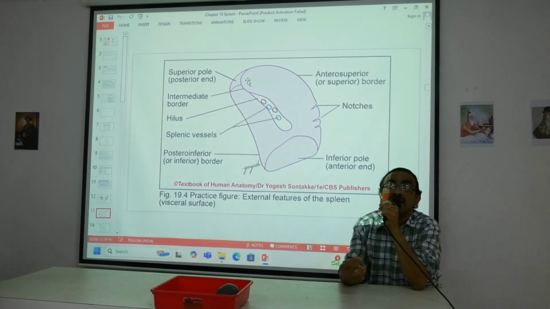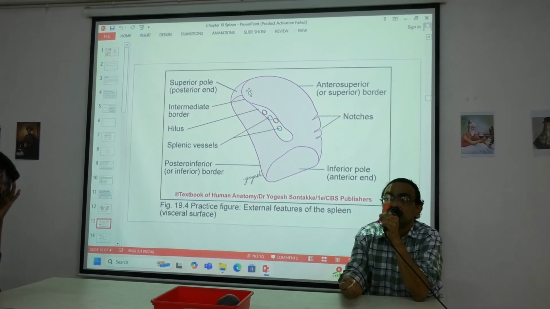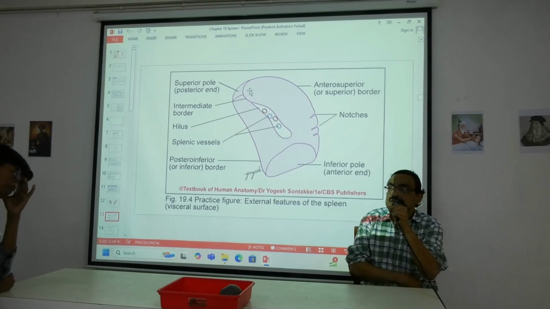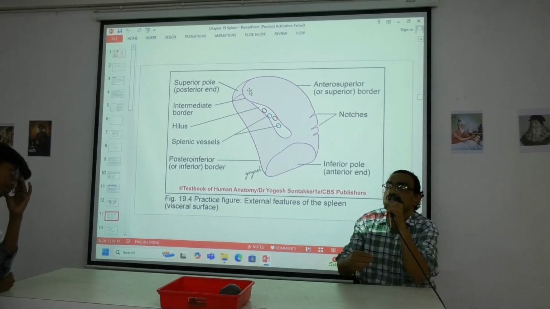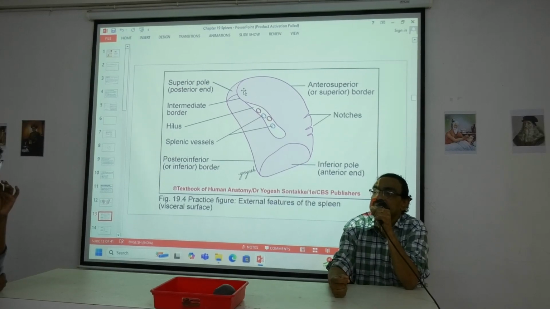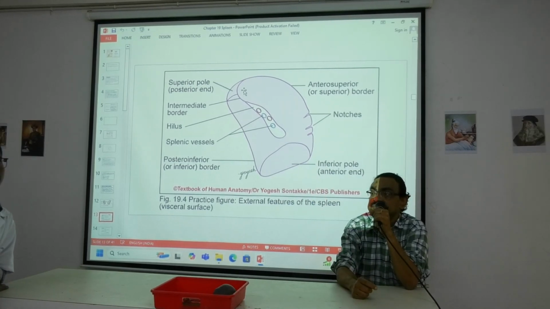That means when it becomes 2 to 2.5 times more than its normal size, it appears within the left hypochondrium. Just below the costal margin, we can palpate. This is the anterior basal angle which we feel. So that angle is called the clinical angle.